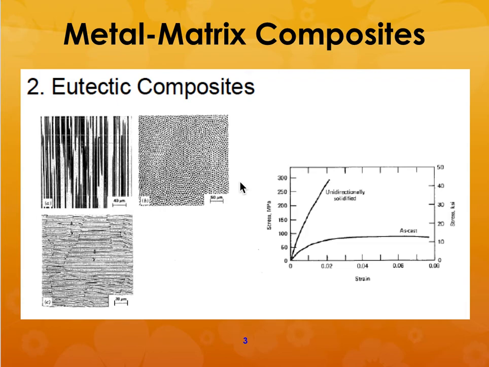So in this case, for example, if you take this particular alloy, a metal alloy, and you cool it in a certain form, those grains will only form in one particular direction.